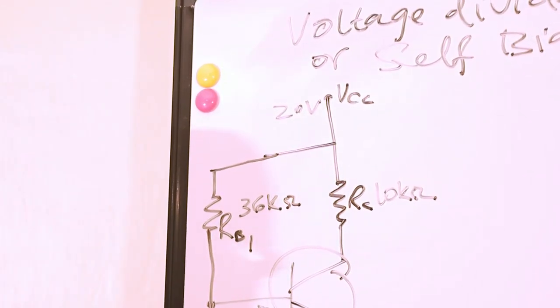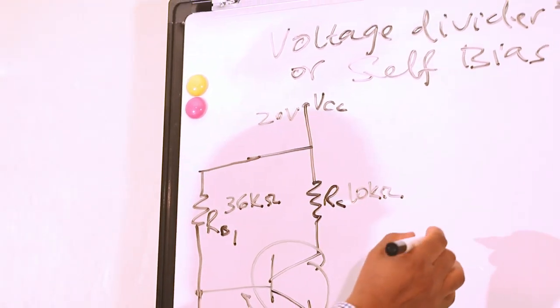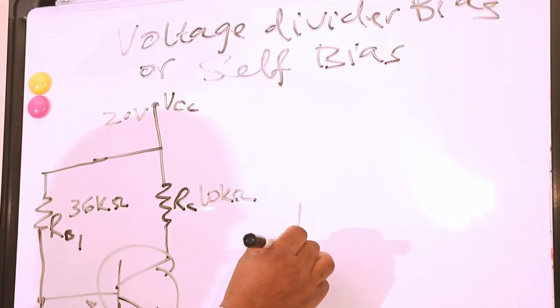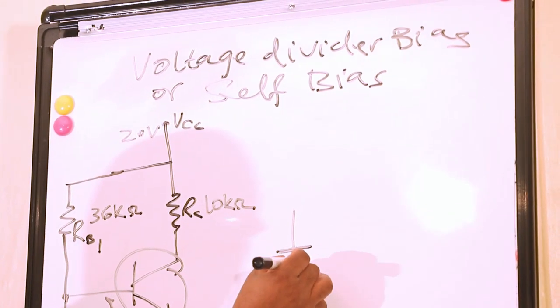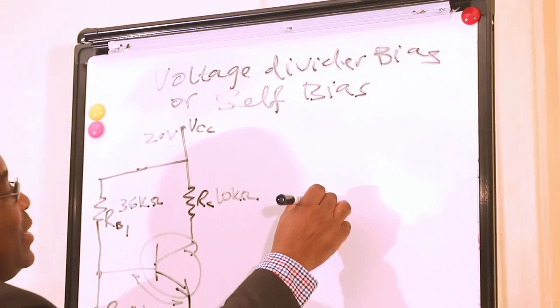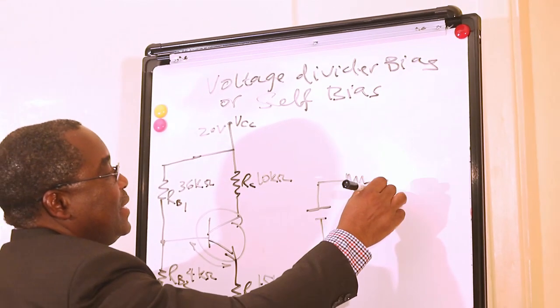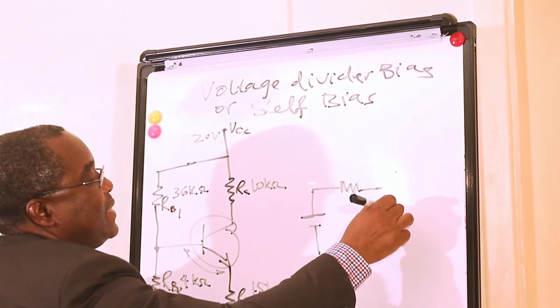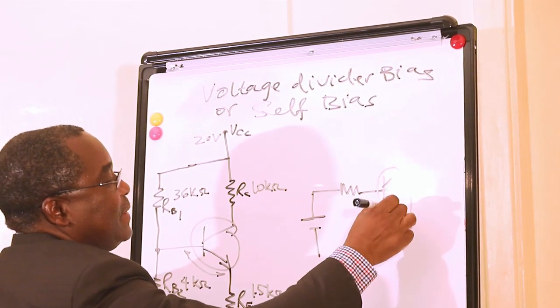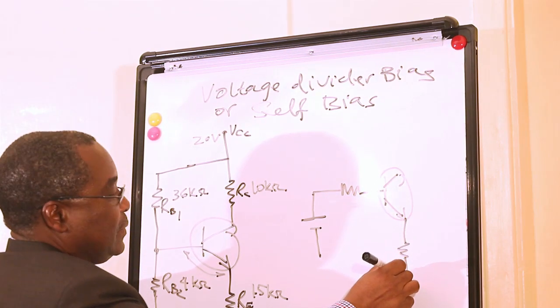So let's see the Thevenin equivalent of this circuit. I'll put here the Thevenin equivalent of the circuit. Let's have the source voltage, then we have the Thevenin equivalent resistor, then we have our NPN transistor here. This is our RE, grounded.